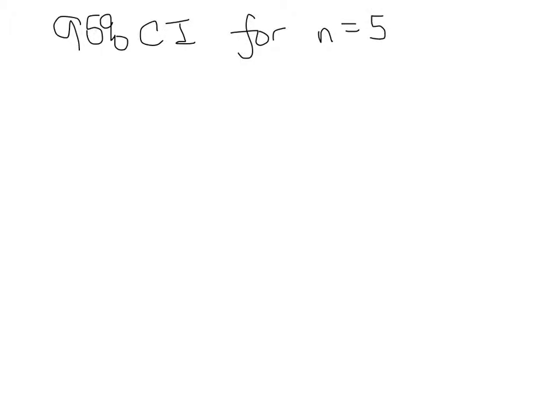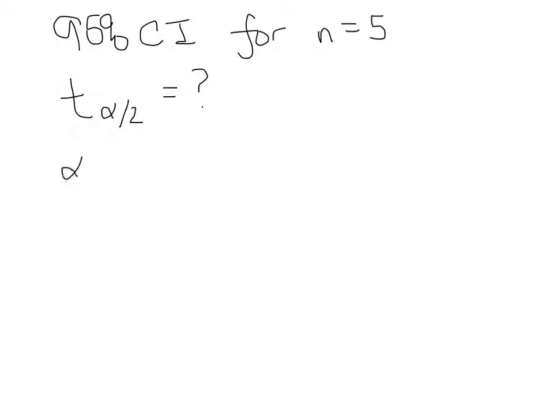Okay, so let's look at a t-distribution table, and let's say we were trying to calculate a 95% confidence level for n equals, I don't know, 5. So if we were trying to do a 95% confidence interval for n equals 5, we would get that t alpha over 2 is equal to what? That's what we need to figure out.